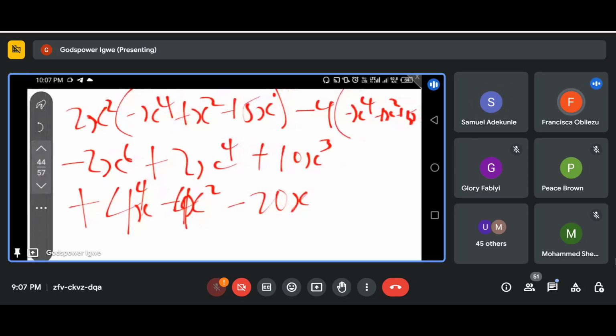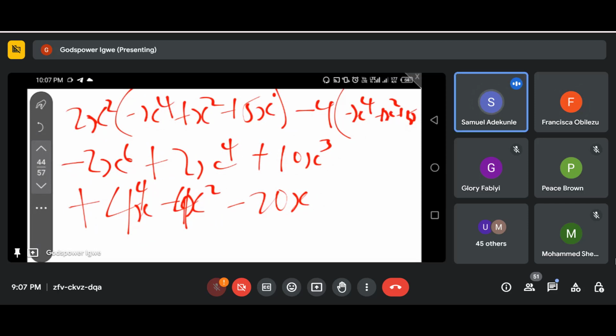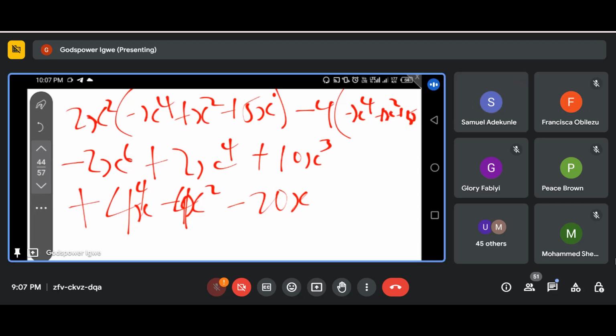All right, thanks. What is our leading coefficient here now? Minus 2x. Our degree is the highest, which is x raised to power 6, right?